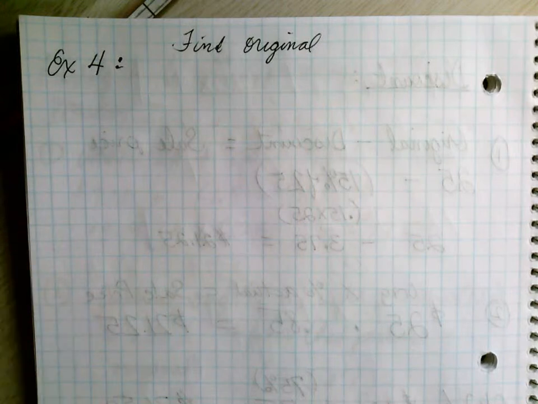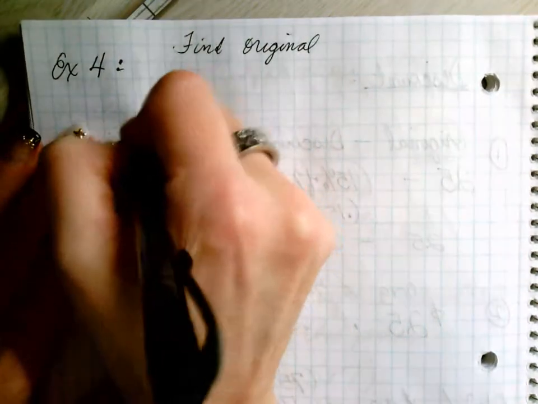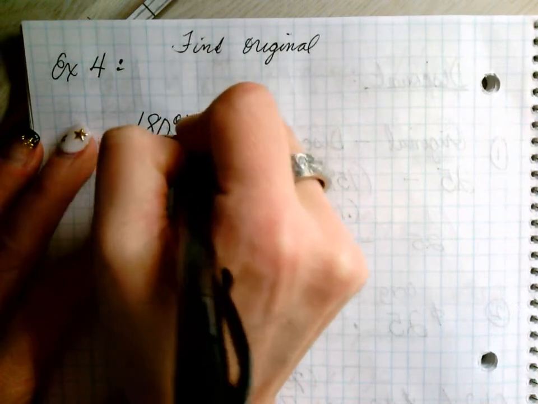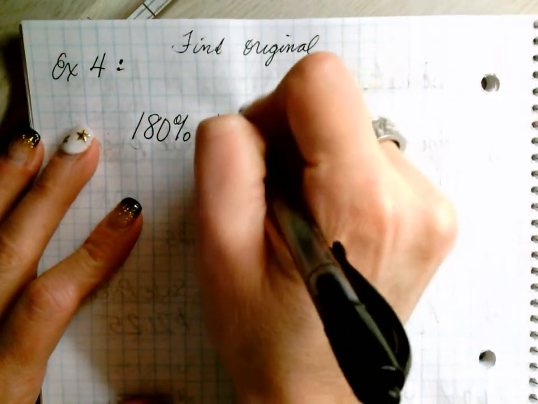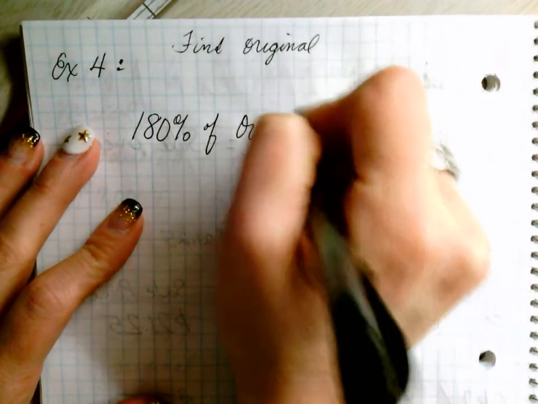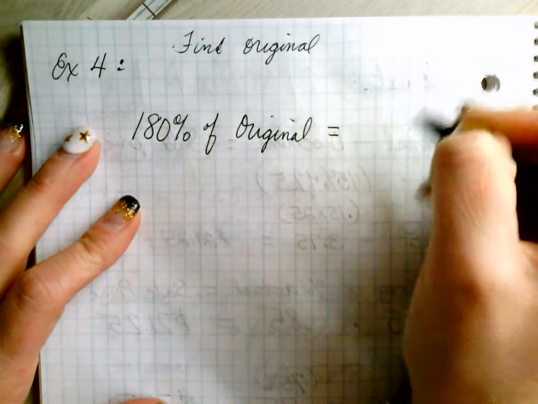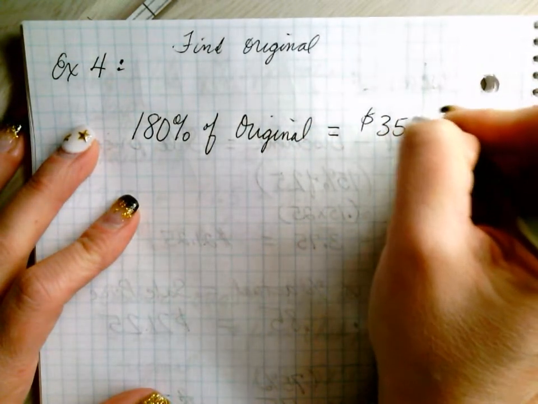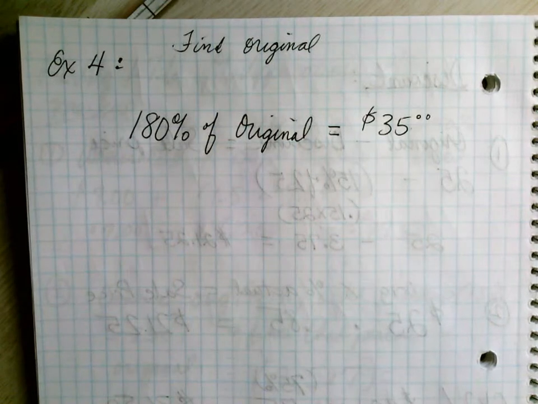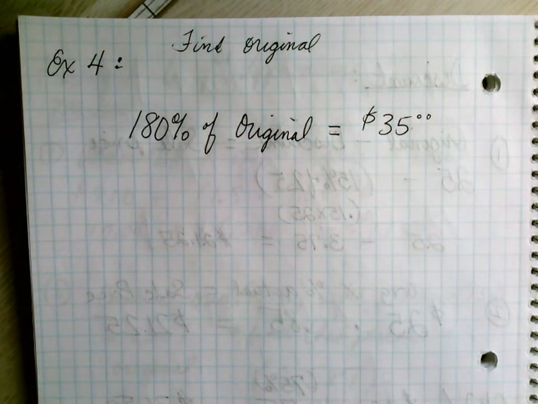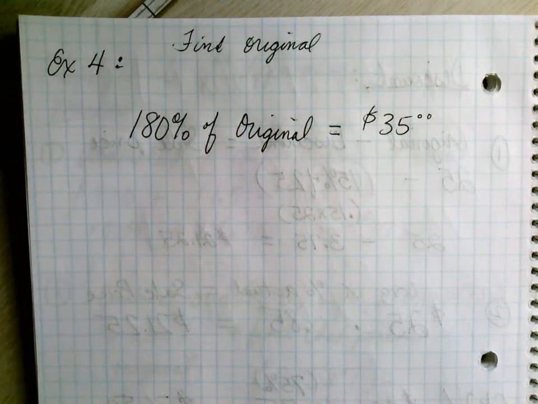From what they've said, they're basically telling us 180% of the original is the retail price of $35. You've got to just talk yourself through this stuff. 100% was whatever the wholesale was. They marked it up by 80%, 180% of the original.